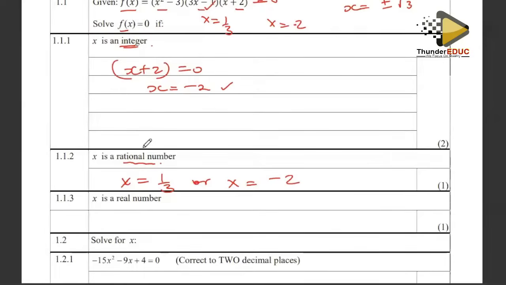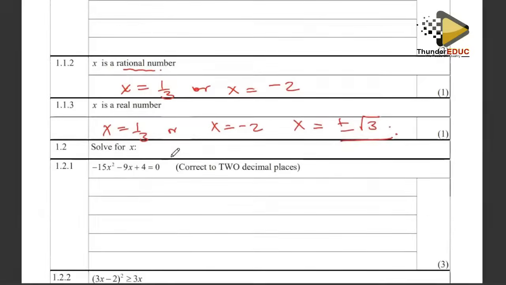And if x is a real number, then we can have all three, because all three are real numbers. So x is a third, x is negative 2, and x can be plus or minus square root of 3. So whichever the examiners wanted, that's how I would have presented the answers, okay?